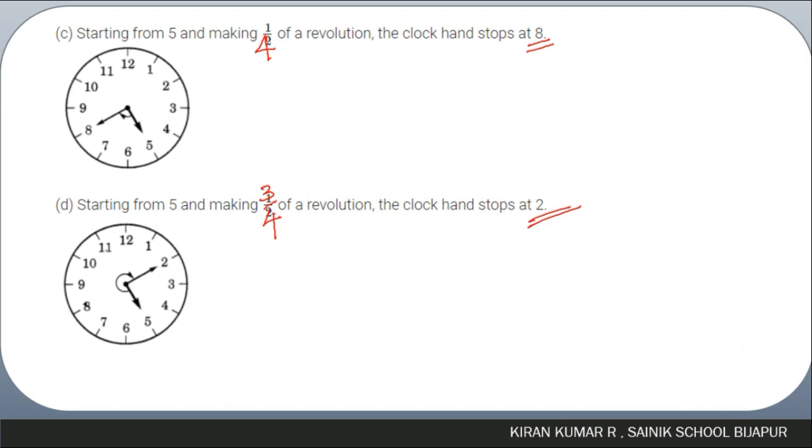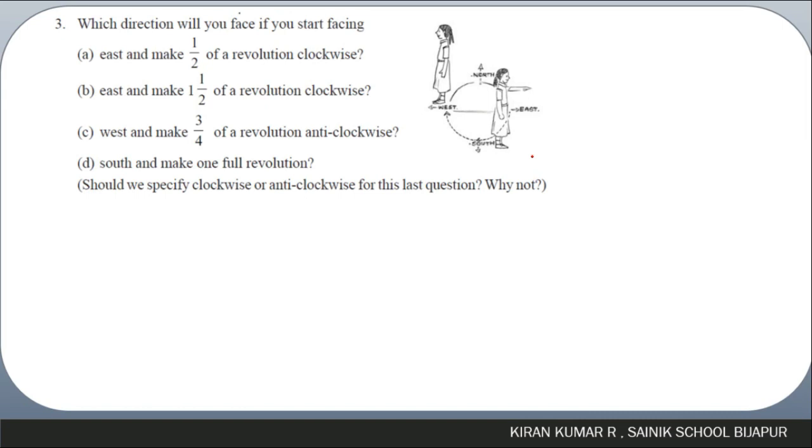Let's take up the next question. The question here is, which direction will you face if you start facing east and make half a revolution clockwise? Next, start facing east and make 1.5 revolutions.